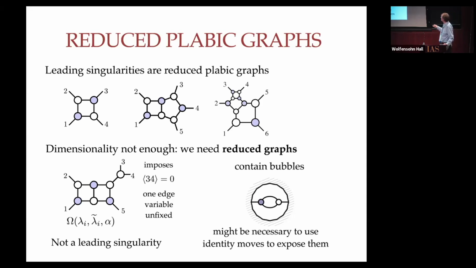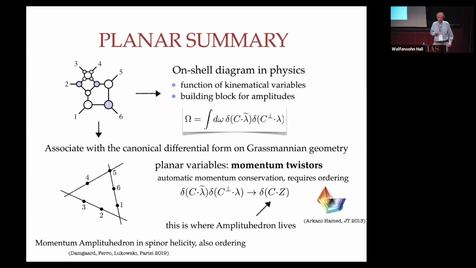The reason for that is that this is not a reduced graph. There is an internal bubble that you can expose once you use these identity moves. So this is not a leading singularity, but these are leading singularities, because these are reduced and this one is not. Okay, so this is the planar summary. We have these objects, and we have this connection: how to calculate them from the dlog forms on the positive Grassmannians and these delta functions.